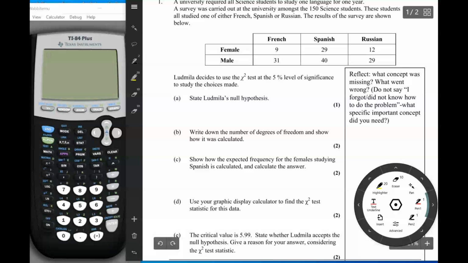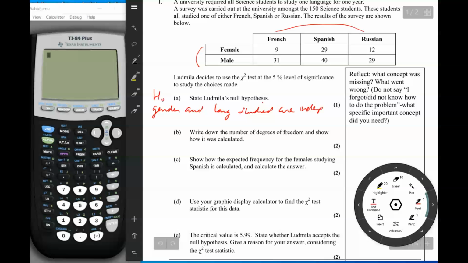So in this particular case, the first factor would be gender, and the second factor would be language studied. So you'd say gender and language studied are independent. And that is what is known as the null hypothesis.